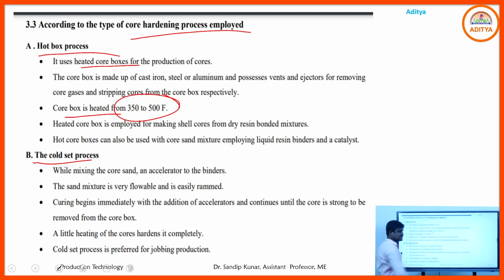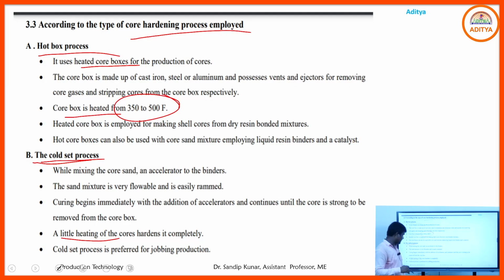Another is the cold set process. Here for producing the cores we maintain generally room temperature, meaning extra heat will not be provided to that process. Maybe sometimes a little heating will be required.